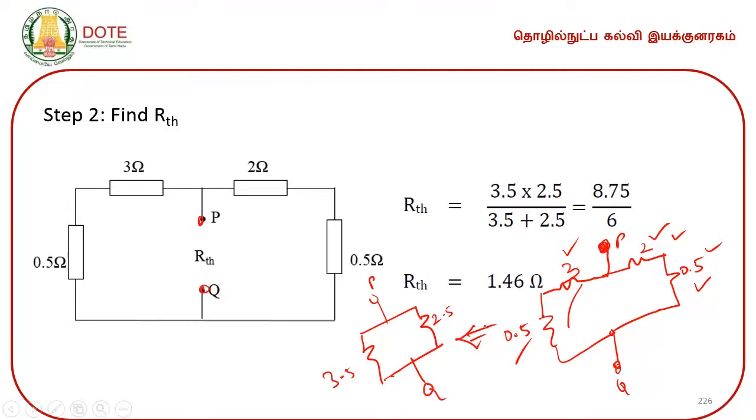Now, again we can simplify: 3.5 ohms and 2.5 ohms are parallel to each other. So, 3.5 into 2.5 divided by 3.5 plus 2.5, which will yield you a resistance of 1.46 ohm.